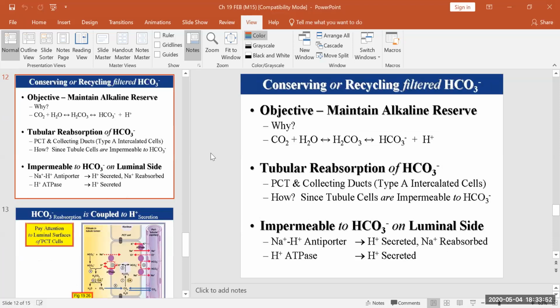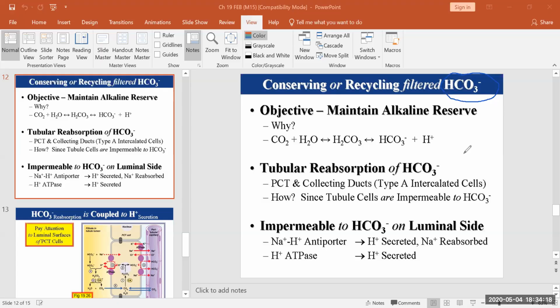So here, conserving or recycling filtered bicarbonates. Again, this bicarbonate was filtered by the glomeruli. So this bicarbonate was filtered from the glomerulus and is finding itself in the renal filtrate, and that needs to be reclaimed because that's a desired chemical.